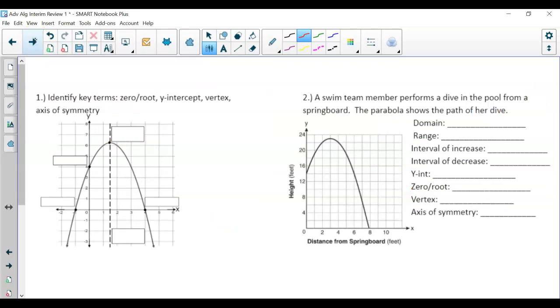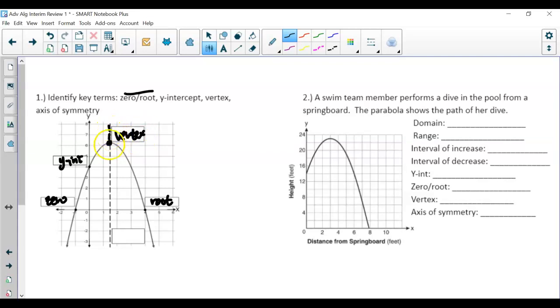And so now here, this is just identifying, again, labeling all of our key information. For example, here, you should notice that this was the y-intercept. Then here, where it's crossing the x-axis, what's our other word for the x-intercept? The 0 or the root. Then here up top, this point represents our maximum, which is the vertex.